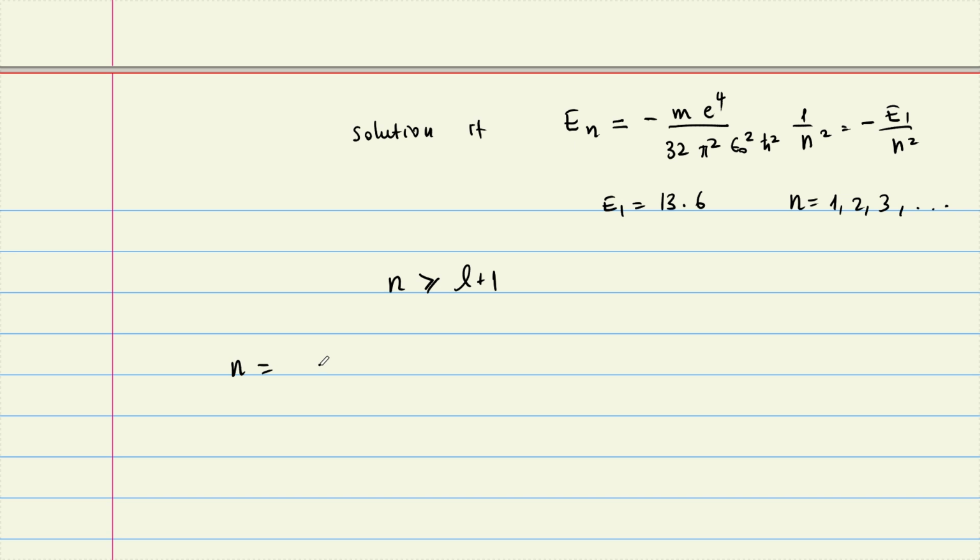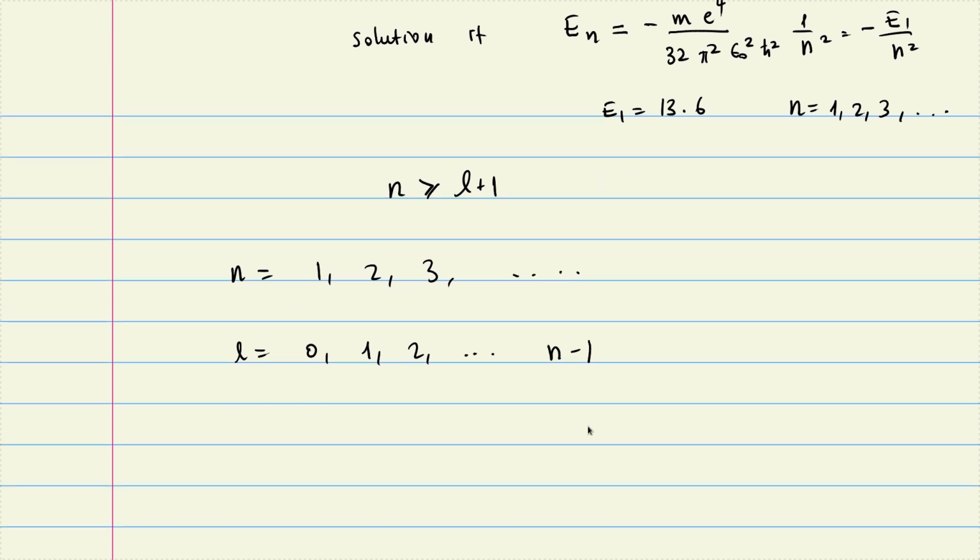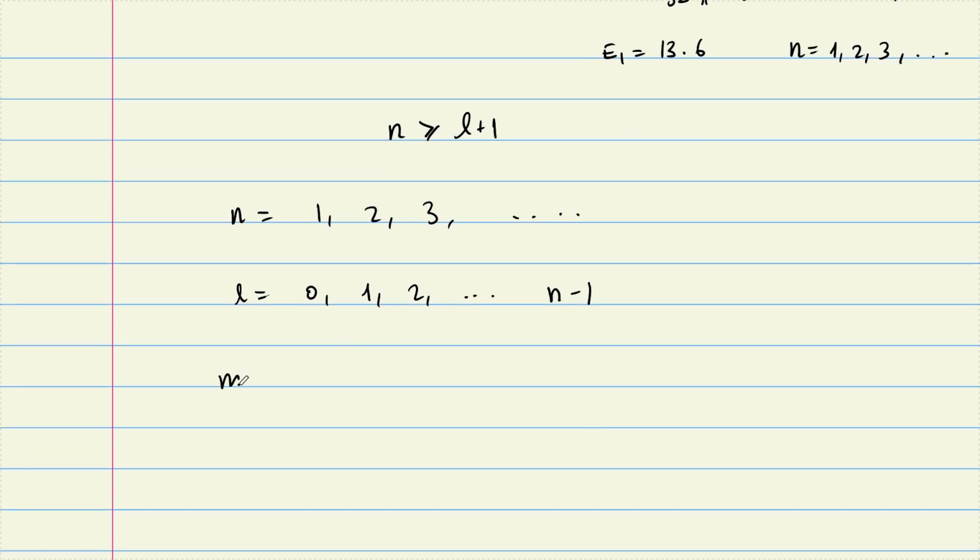N can be any integer, 1, 2, 3, ... right? L, to satisfy this condition, can be 0, 1, 2, all the way up to n minus 1. And lastly, m can be minus L, ..., minus 1, 0, 1, ..., L.